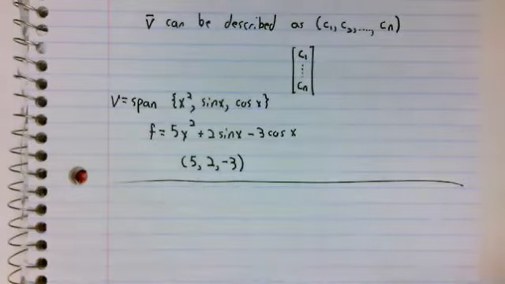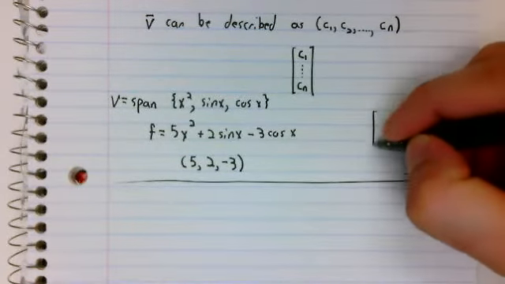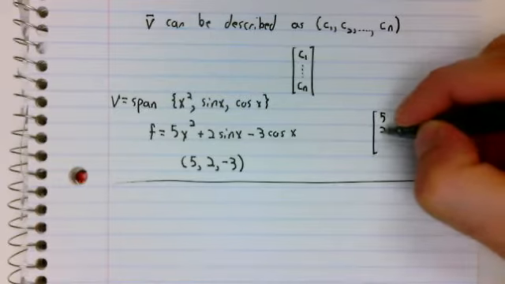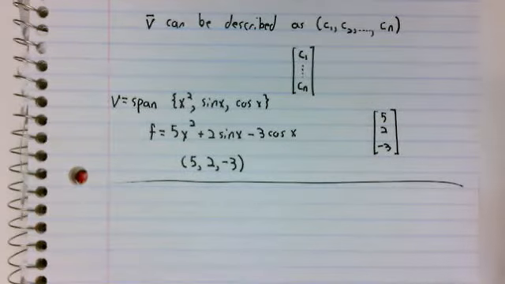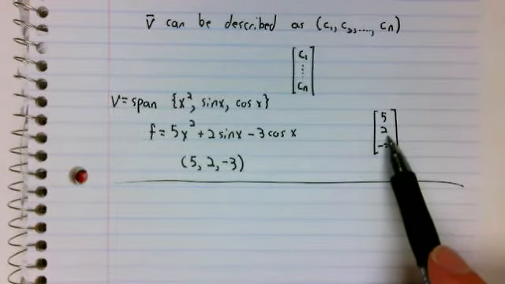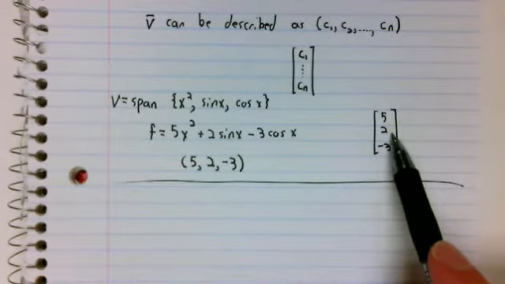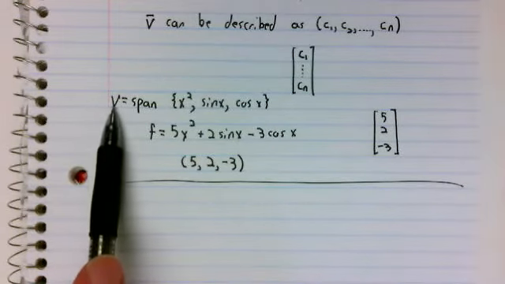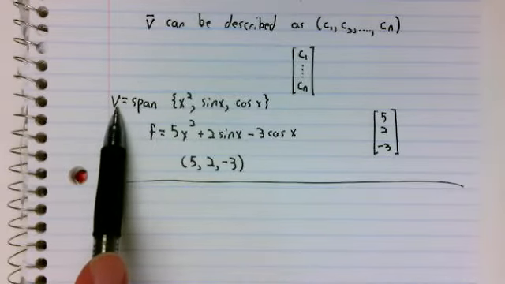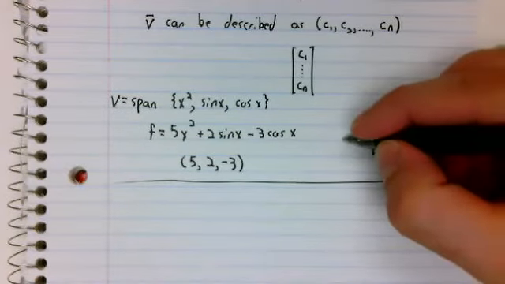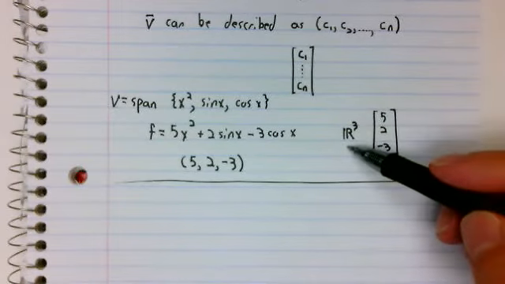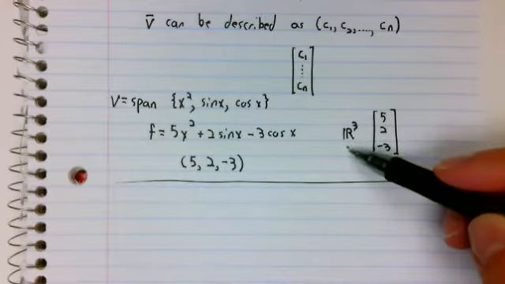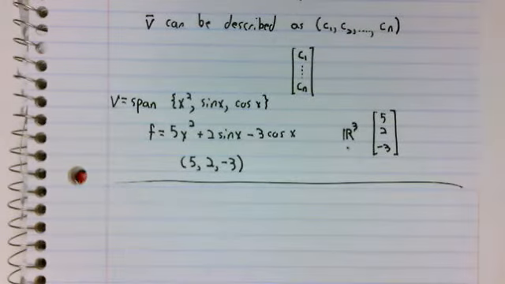And a list of three numbers can in turn be represented by a vector in R3. So any vector in this complicated looking vector space can be represented as a vector in this much simpler vector space.